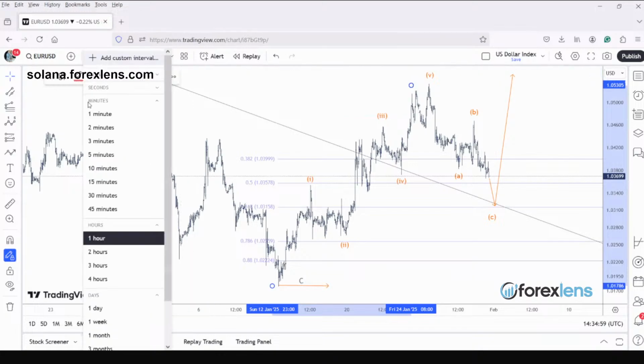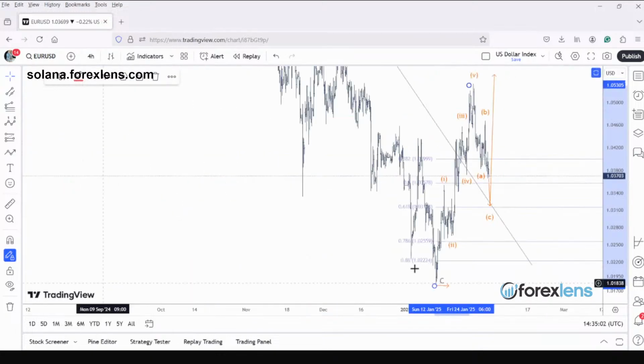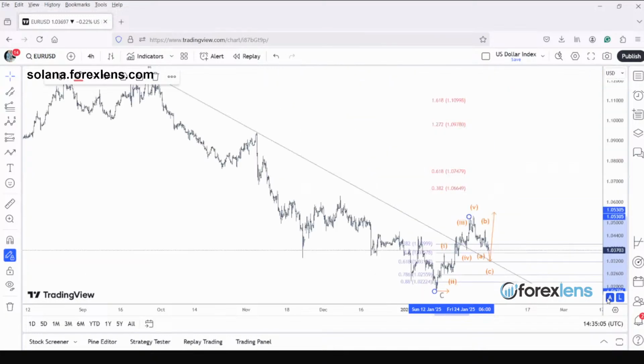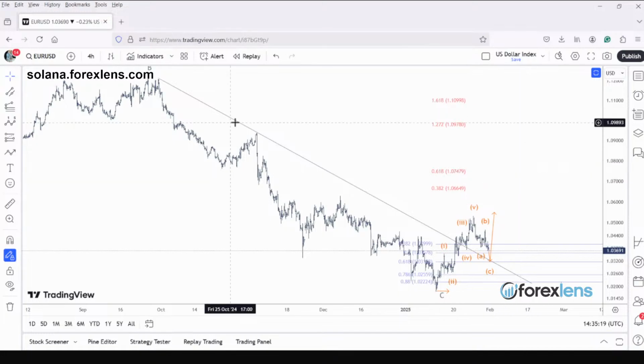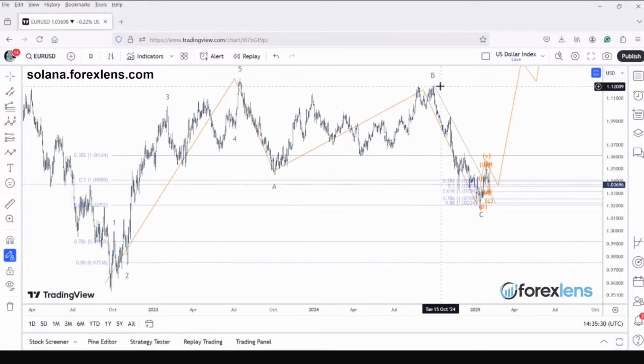I'm flipping the chart to a 4-hour. And there was 1.0750 and 1.1098. So by the time you see this wave complete, we should be above the previous swing high. Let me just flip the chart to a daily. I think we should be above that B wave, which is almost a confirmation that we are completing or heading towards the 5 waves of larger degree higher.